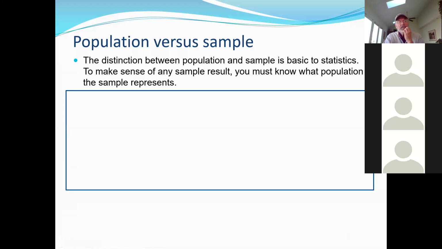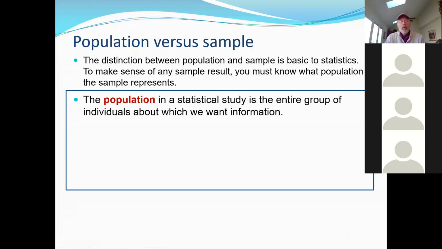So obviously a population is different than a sample, so we want to get a definition. When we start talking about a population, it's the entire group of individuals. All of the individuals in a certain well-defined group make up the population.